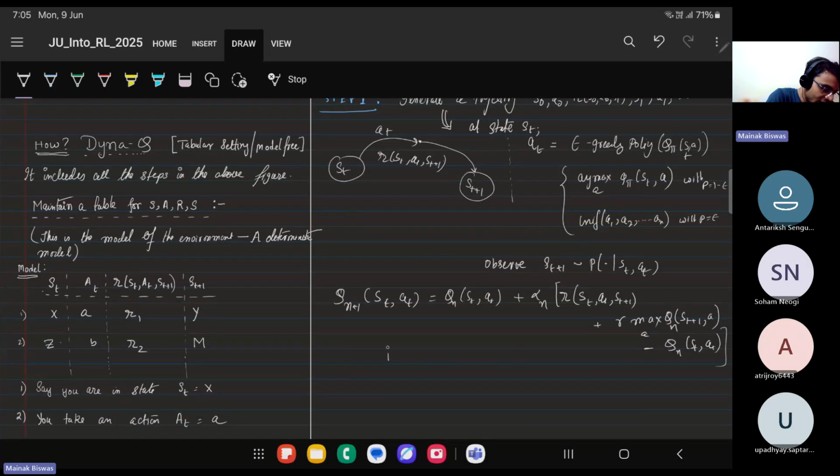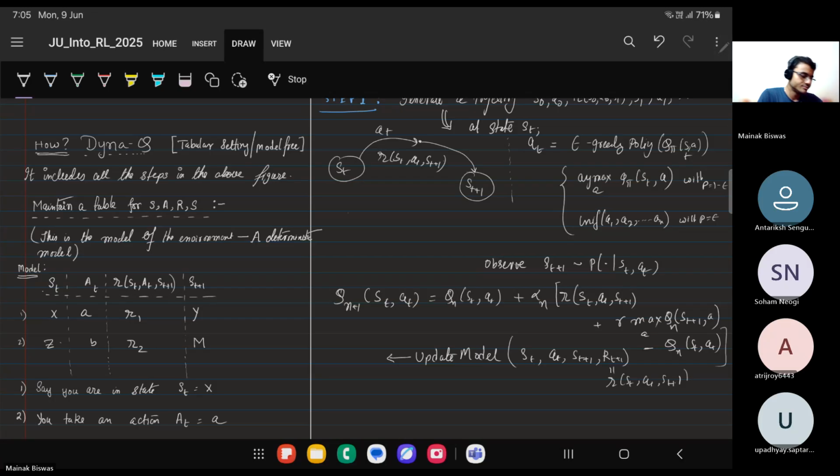I will do something like update model with ST, AT, ST plus 1, reward T plus 1, whatever. So this is what I'll do. So this is the planning.